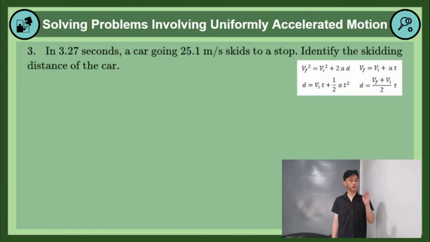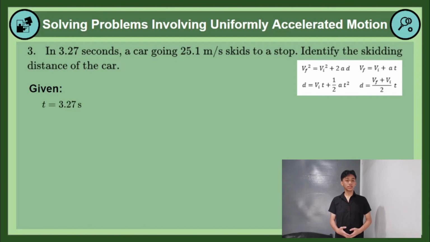For example number 3, in 3.27 seconds, a car going 25.1 meters per second skids to a stop. Identify the skidding distance of the car. First, write the given. The time is 3.27 seconds. The initial velocity is 25.1 meters per second, and the final velocity is 0 because the car skids to a stop.